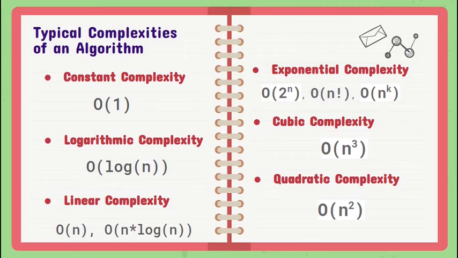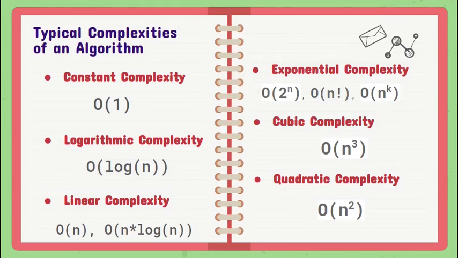And we also have the exponential complexity. It imposes the complexity of big O of 2 to the n, or big O of n factorial, or big O of n to the k. So for n elements, it will execute a count of operations that is exponentially dependent on the input data size.